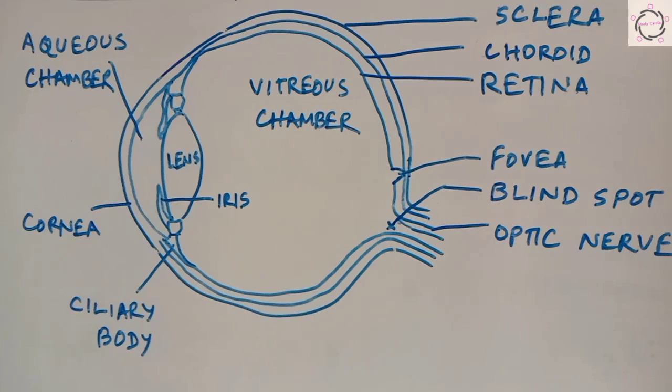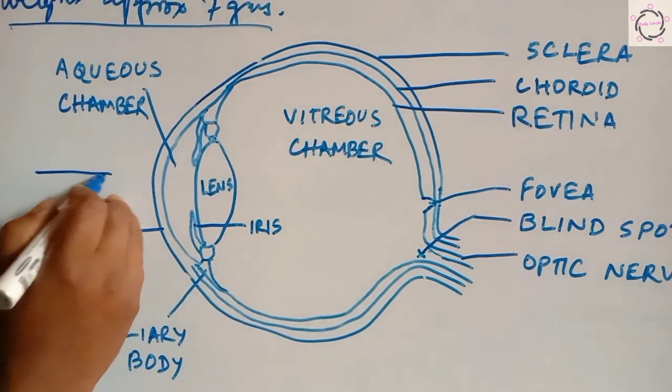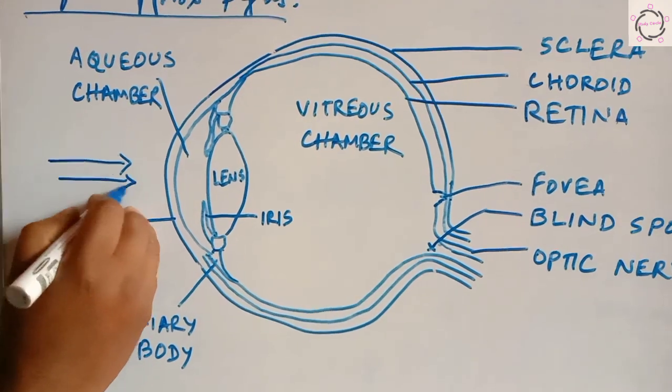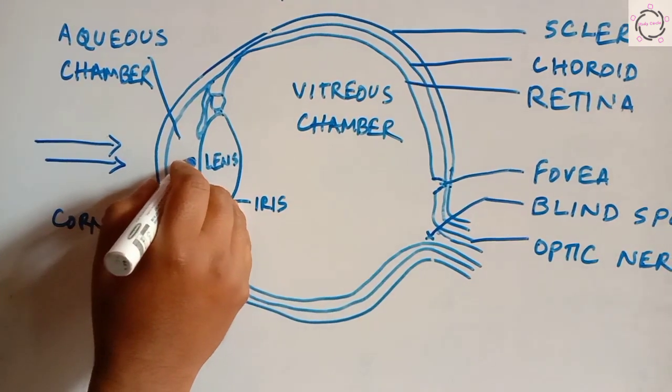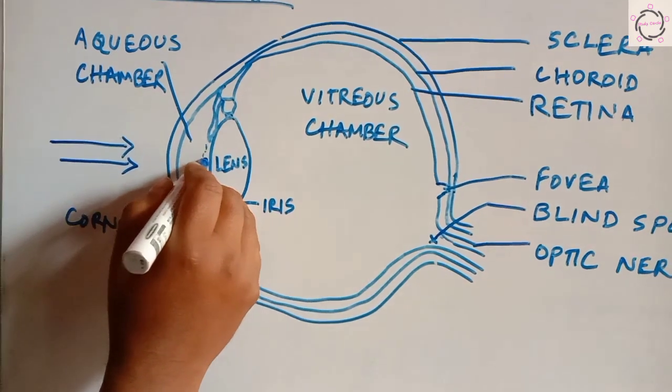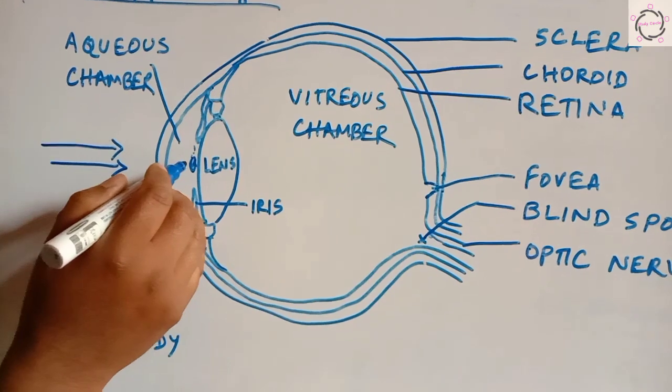So what happens when light rays pass through this part? This part is called the pupil of the eye, this small aperture. This is called the pupil.